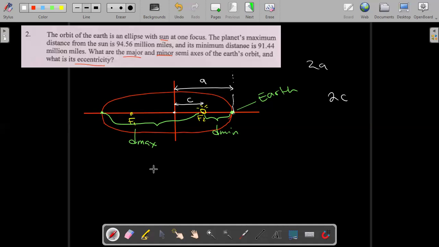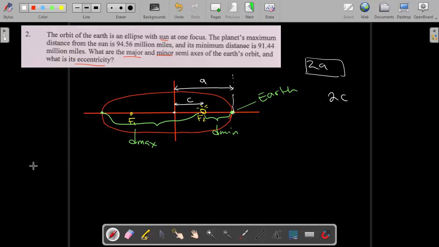So how are we going to find that distance a? We can note here that the maximum distance from here to there, and from there to there, is just what? The 2a, which is what we're talking about. So when we divide by 2, we just get the distance from the center to where that is, and that is our a.